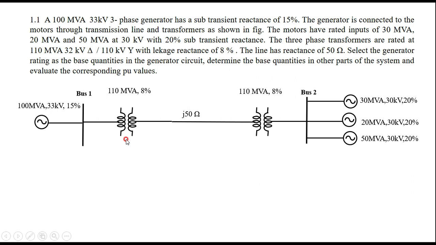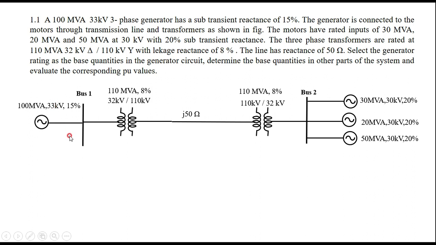Therefore, I am specifying here the rating of the transformer: 32 kilovolts, 110 kilovolts here, and 110 kilovolts on this side, that is the transmission line side, and 32 kilovolts towards the motor side. This is how you have to choose the voltage rating on either side of the transformer. Okay, everything is specified here.